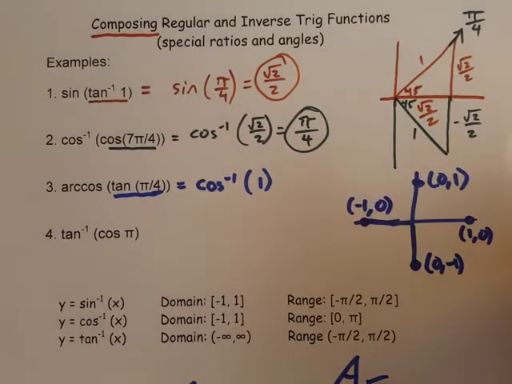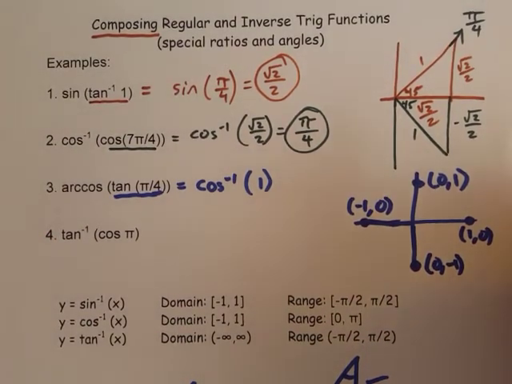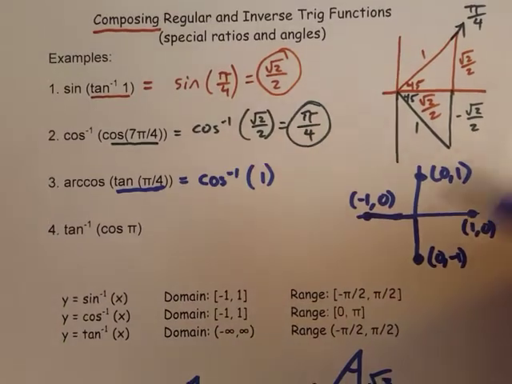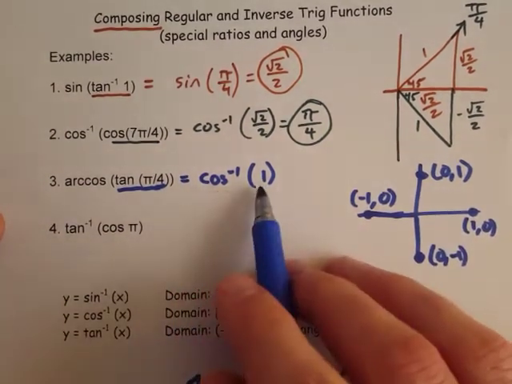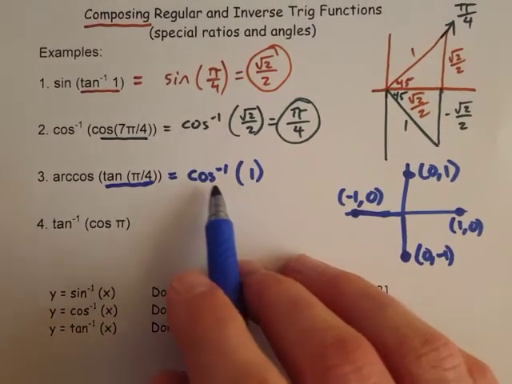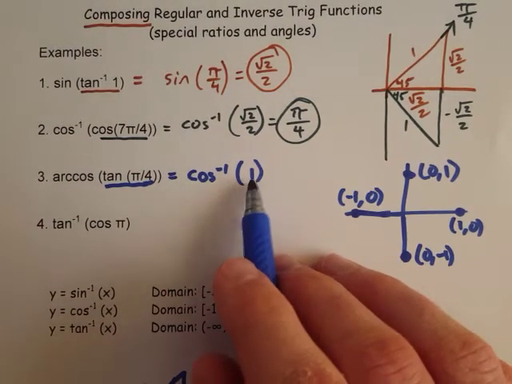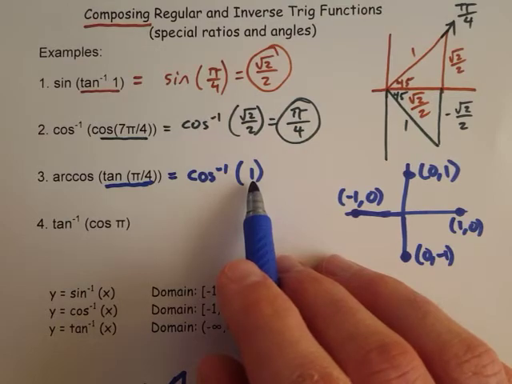Now, also remember that cosine of a quadrantal angle, or of any angle, is the x value in the circle. So this is essentially saying, at what angle is the x value equal to 1?